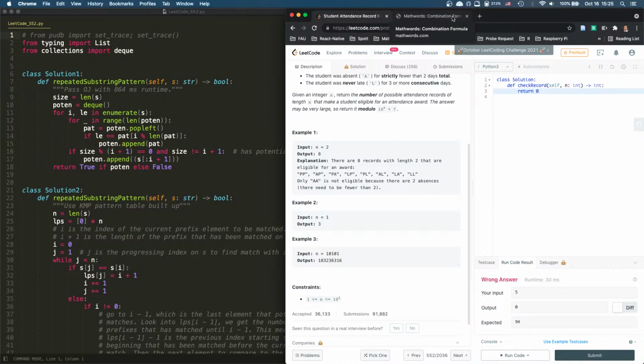So 2 to the third, that's the total number, 8. And then we do not allow 3 L's, so that's minus 1. That's 7. Yeah, that is correct.